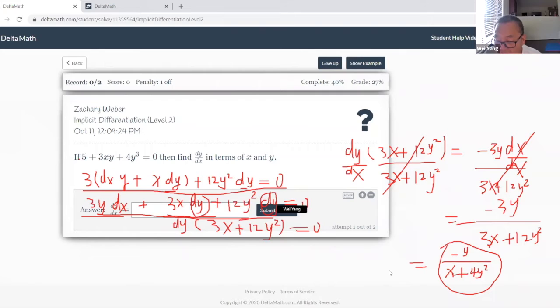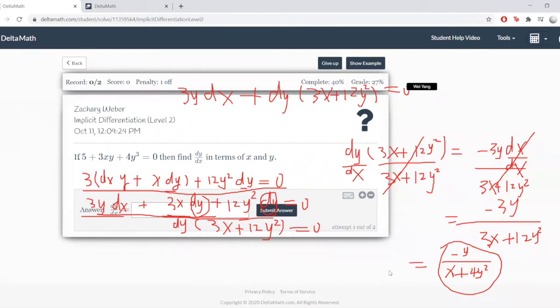Then I have, in the parentheses, 3x plus 12y squared left, right? So then you can see the left side, that's 3y times dx, then plus dy times 3x plus 12y squared. This one equals 0, right?